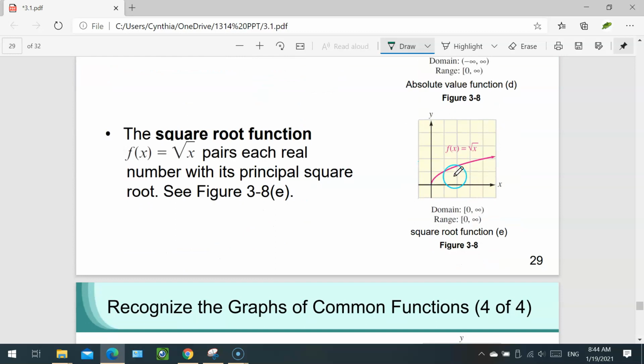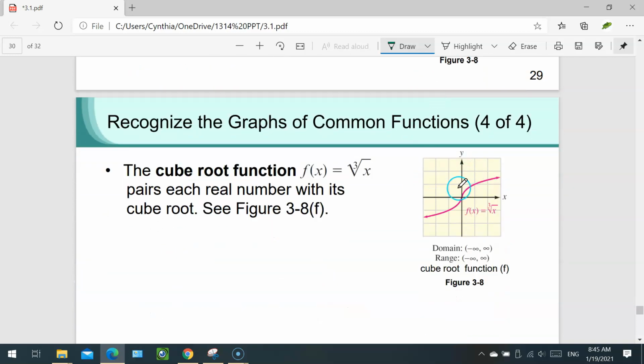Square root function, the domain is from the starting point at 0, so put a bracket 0 to infinity, and the range, the y value is 0 as well, so put a bracket 0 to infinity on the y-axis. Cube root function.